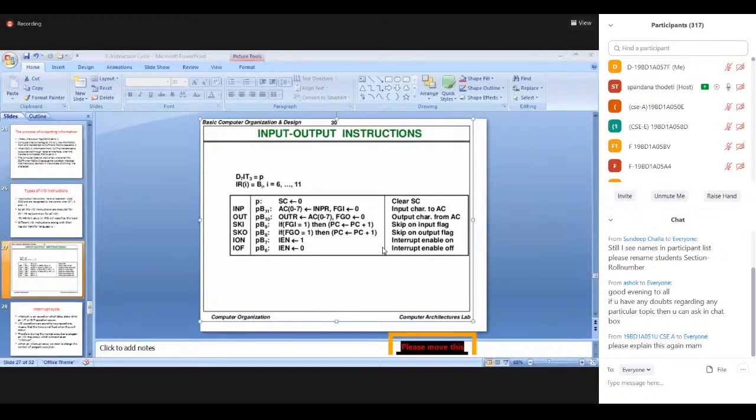Okay, ma. From next class onwards, we'll start microprogrammed control. Listen carefully. Actually, that is the second unit for CSE students, and that is there in the first unit itself for IT students, I think. So, we'll start microprogrammed control in the next class.